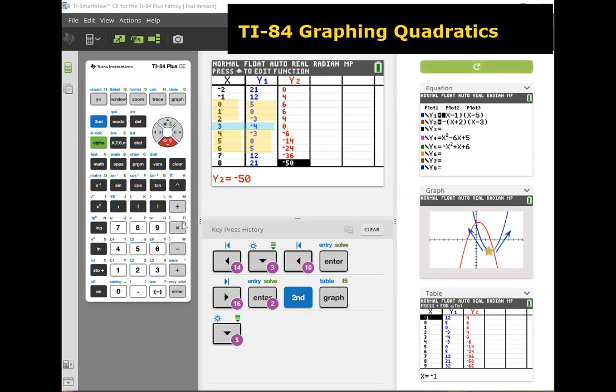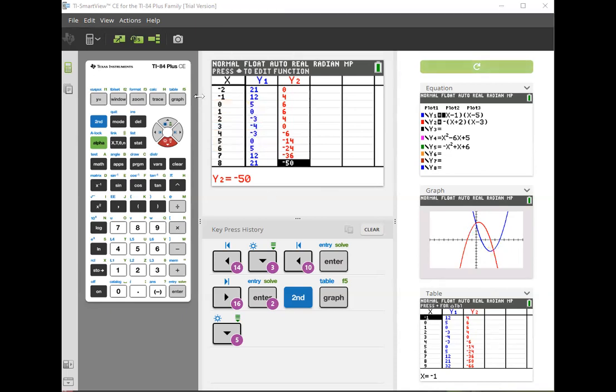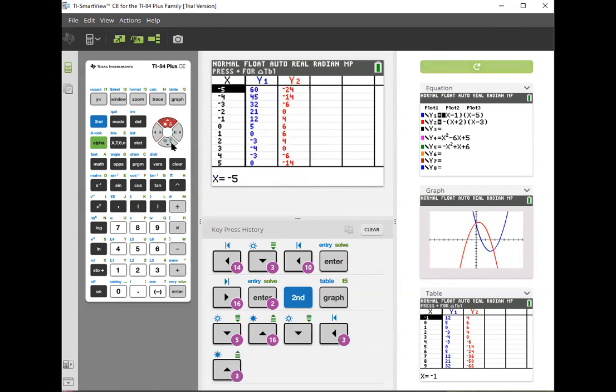Well, what about not the blue graph, which shows the 7-point parabola right there on the table, but the red graph? The problem here is that the vertex for the red graph was a half. If I go to the column here, you can see that for the red graph, a half is the midpoint of 0 and 1.